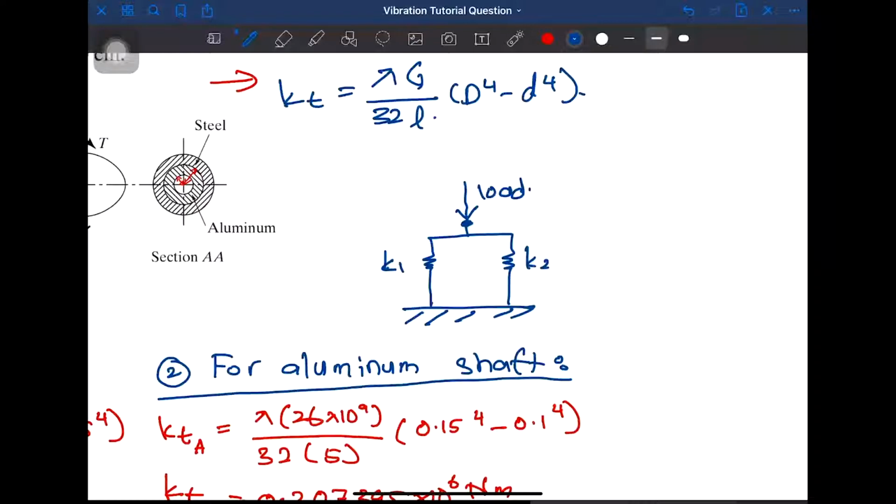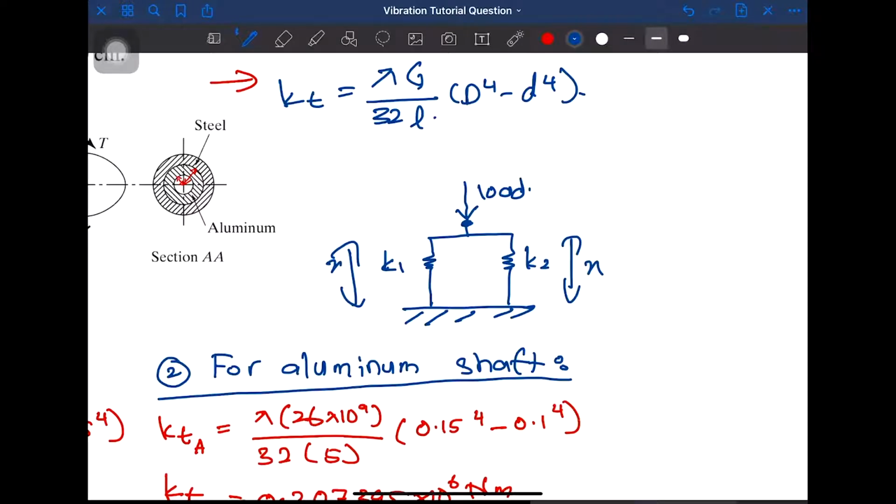Since they are being pushed together at the same time, at the same point, or attached to each other, the displacement or the elongation are the same. So we can draw the schematic diagram for the spring like this. At one point they are attached to each other, and if load is applied, the displacement for both will be the same.